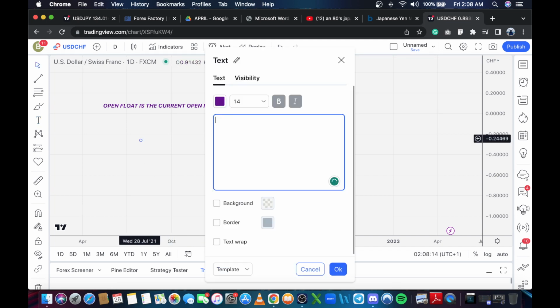So when we're talking about buy side open float, we're talking about protective shorts in form of buy stops above the last bearish shift.